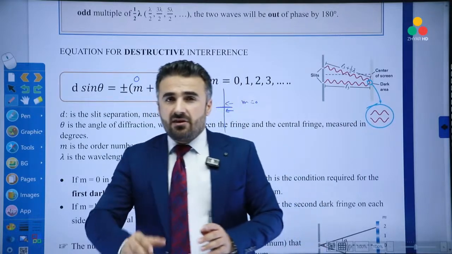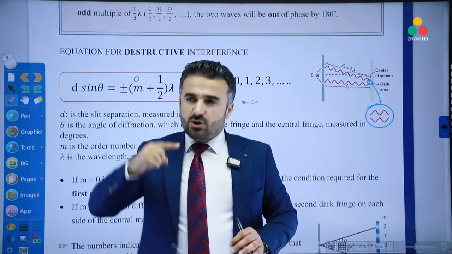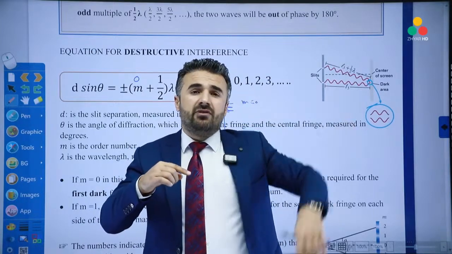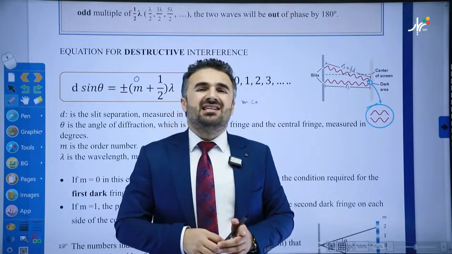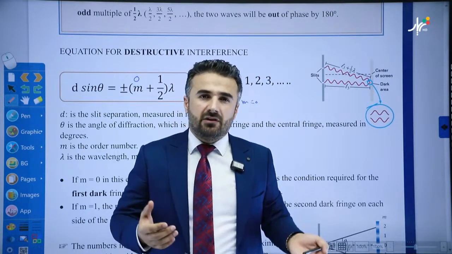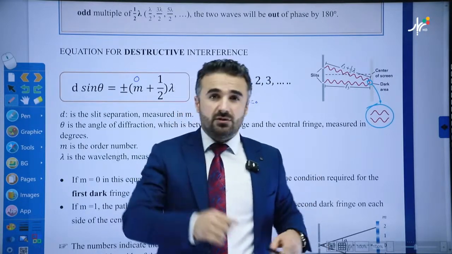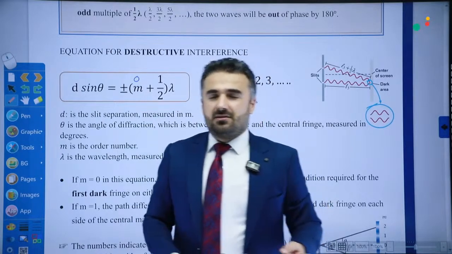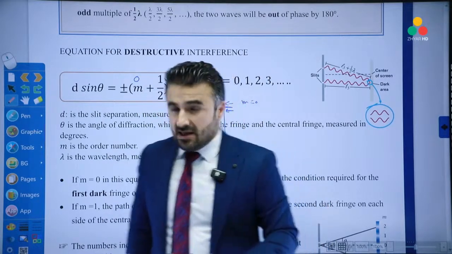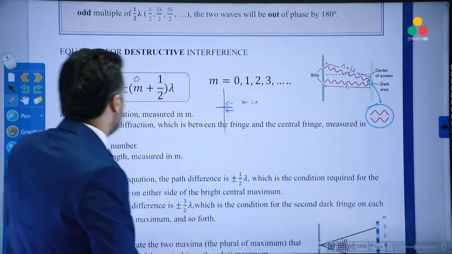So we can say the value for m is always 1 less than the number of the dark fringe. Let me ask you a question. When we say the 7th dark fringe, what is the value for m? It is going to be 1 less, so in this case m is going to be 6.